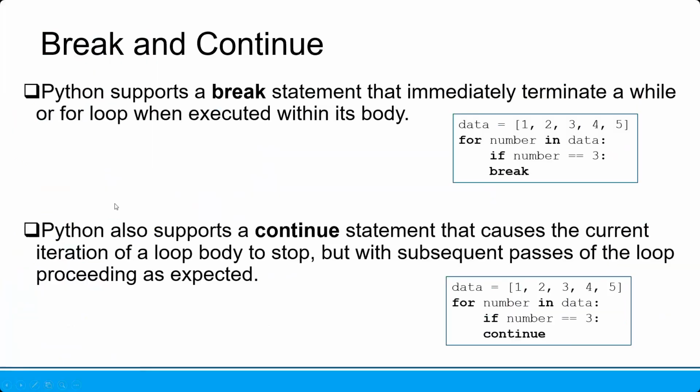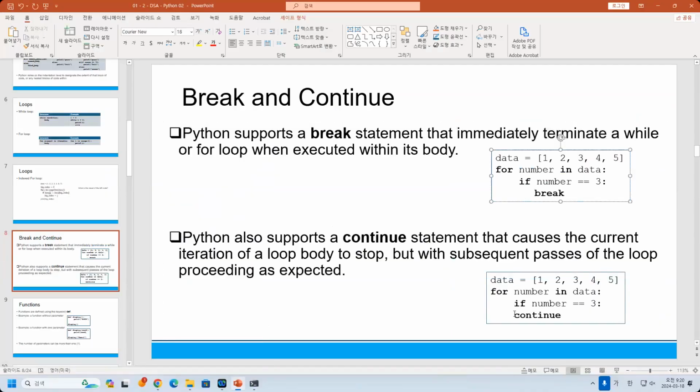Python also supports continue. The continue statement causes the current iteration of a loop body to stop, but with subsequent passes of the loop proceeding as expected. Okay, what does it mean? Oh, maybe this is wrong. Sorry. You need to put it like this.